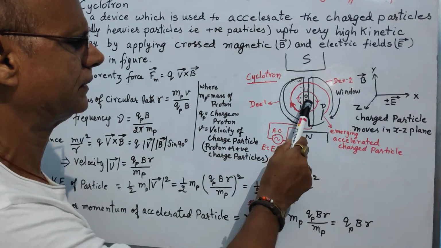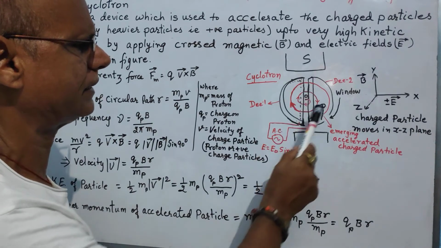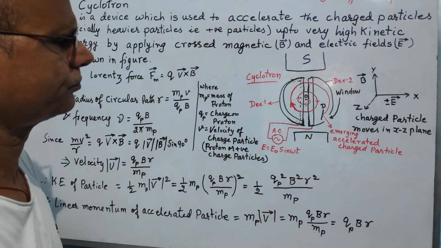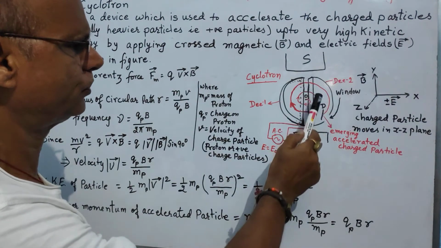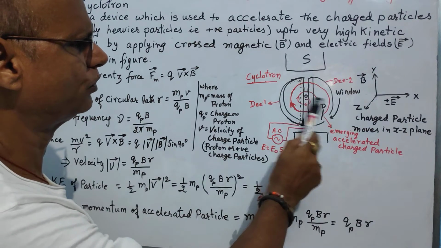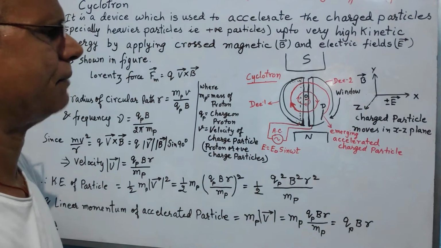So while this situation exists, the positively charged particle will be attracted towards the surface D2, and therefore it will move along a straight line while it is in between the gap.